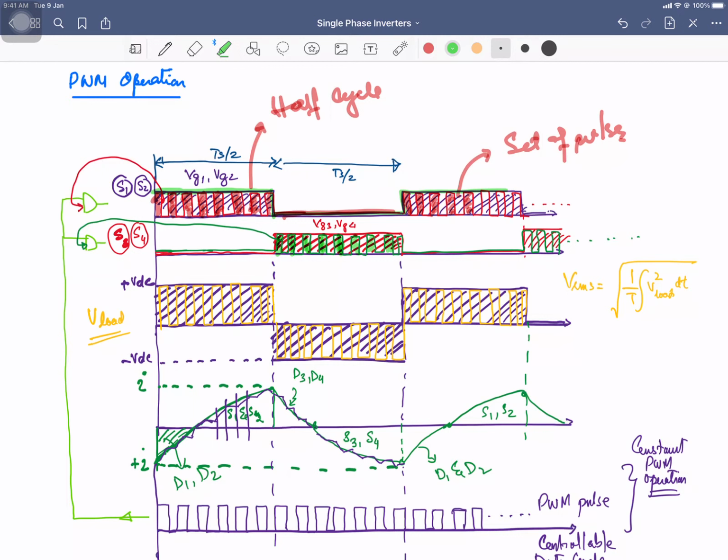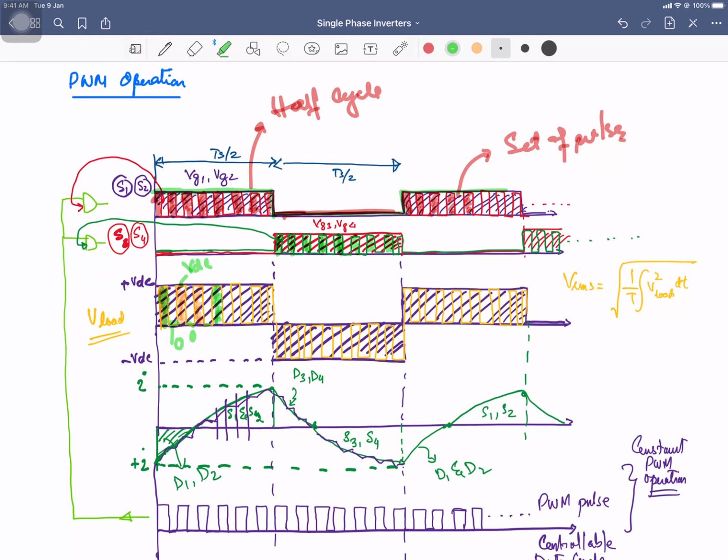So when we apply these pulses, what about your load voltage? When you have the gate voltage, your load voltage will be there, otherwise your load voltage will not be there, it will be 0, that you can see over here, 0 voltage, and over here VDC.